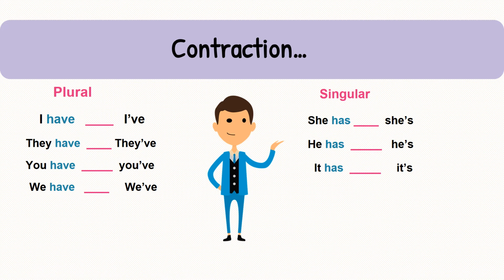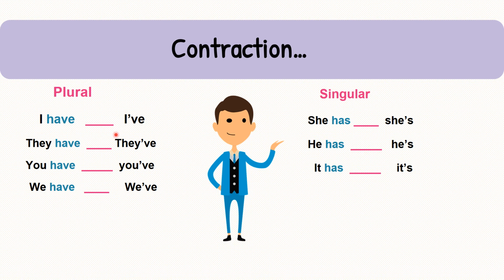The last thing that I want to indicate in this video is about contraction, حول الاختصار in the plural and in singular way about the present perfect simple. إذن الاختصارات في حالة المضارع التام البسيط.